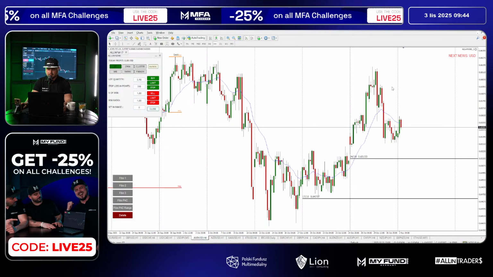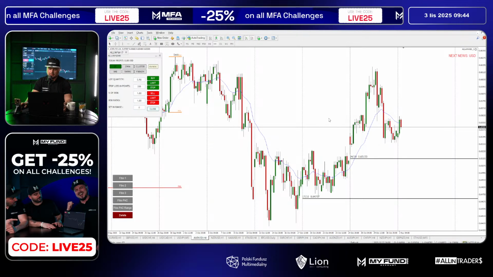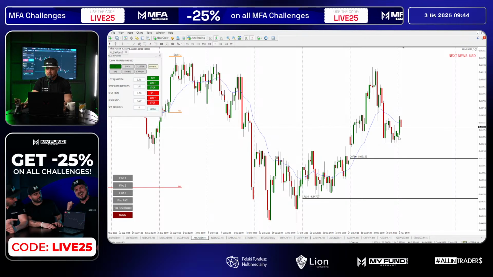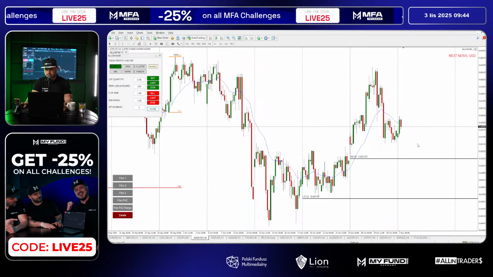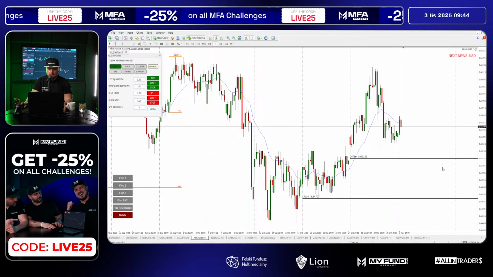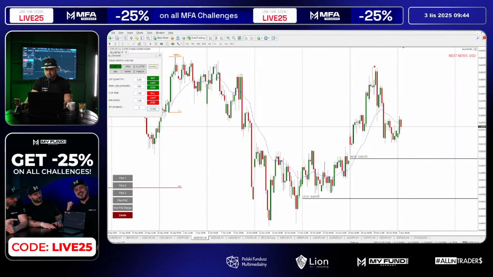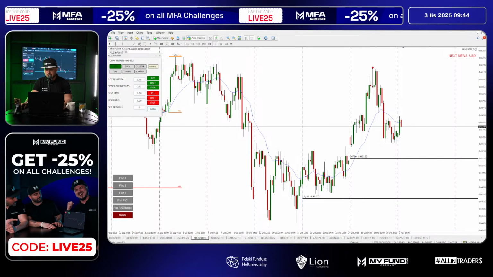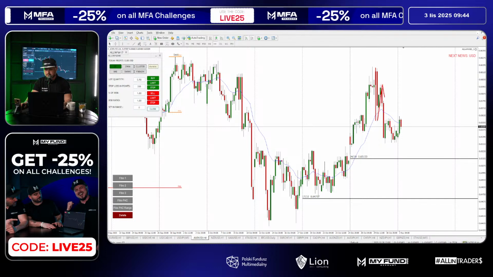Okay, let's check from 4-hour time frame. If we want to place the trade from 1-hour time frame, we need to look at the 4-hour time frame. So market structure at this moment, I'm looking at the latest swings over here. I will have to say that over here we had a swing high, swing low.